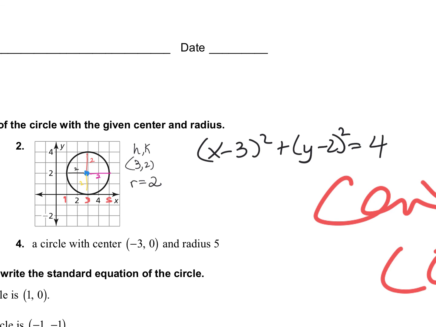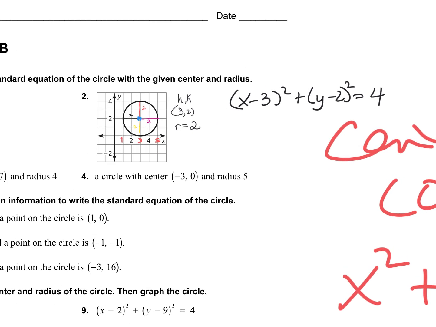So again, be able to write an equation when you're given a picture like this. Or if they just give you the information like this, h and k, and this is the r. And again, plug it in. Does that make sense?